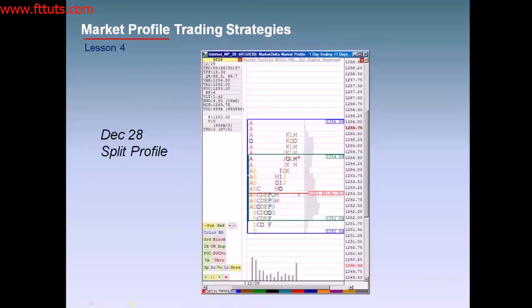Now, I split the profile for you so it would give you a better handle on looking at the different ranges throughout the day. And let us take a look at the A range. We opened up here, and then we navigated up a little bit, and then we dropped again.